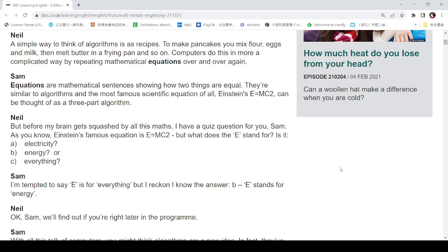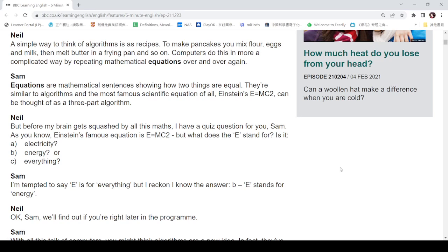But before my brain gets squeezed by all this maths, I have a quick question for you, Sam. As you know, Einstein's famous equation is E equals mc squared, but what does the E stand for?